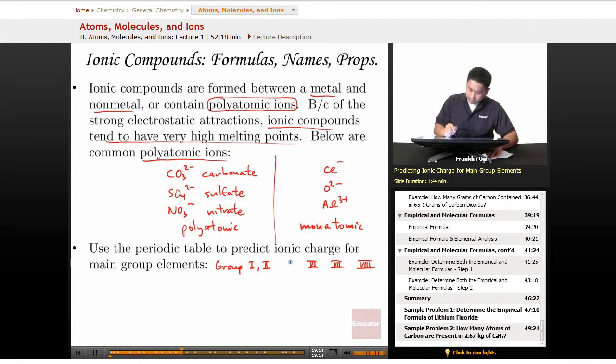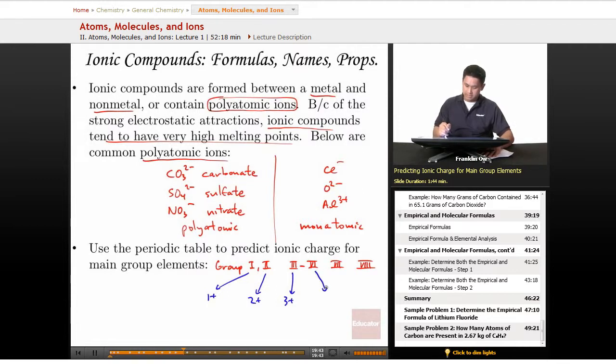All of the group 1s tend to form a 1+ charge. All of the group 2s tend to form a 2+ charge. Group 3s tend to form a 3+ charge. We're going to skip 4 and 5 because they tend not to form ionic compounds to such a large degree.